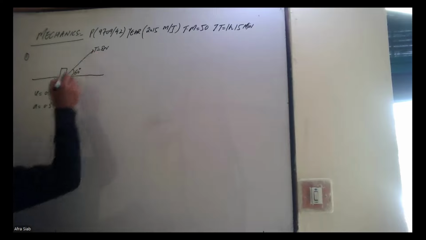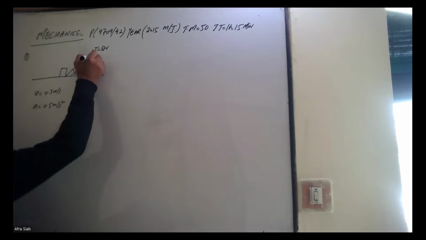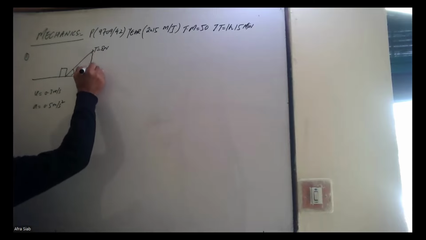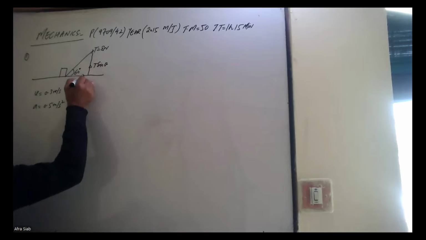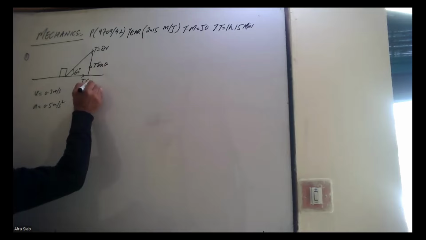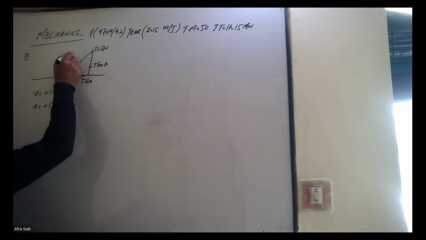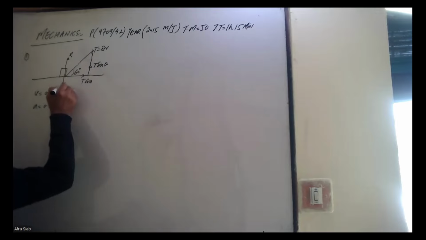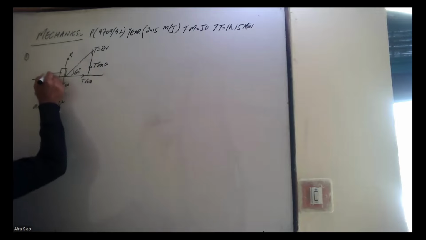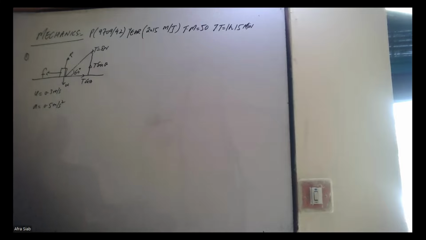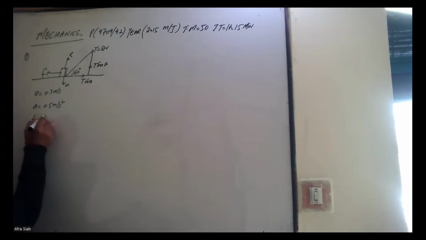Now, you are going to resolve these components into two parts. One is T sin theta and one is T cos theta. This is the normal reaction R. This is the weight of that object and this is the frictional force acting on that object. And the total time there is 5 seconds.